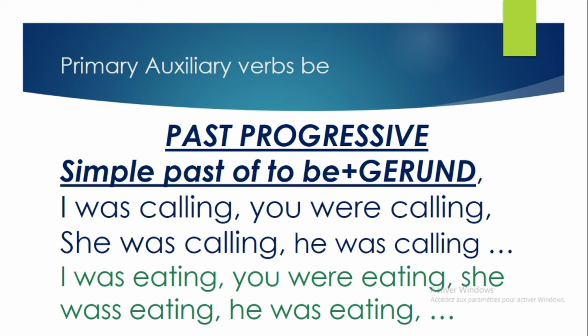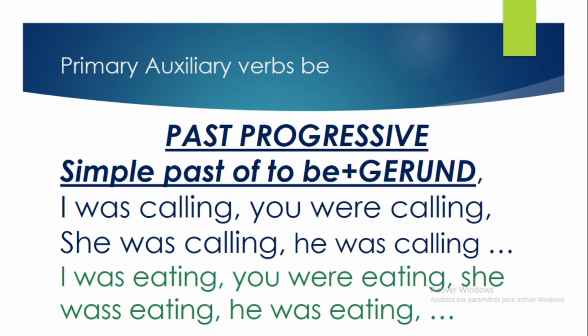Okay? This is the reason why I use I was. I was is the simple past of the verb to be. And calling is the gerund of the main verb. I was calling. You were calling. She was calling. He was calling. We were calling. This is the same thing for the verb to eat.